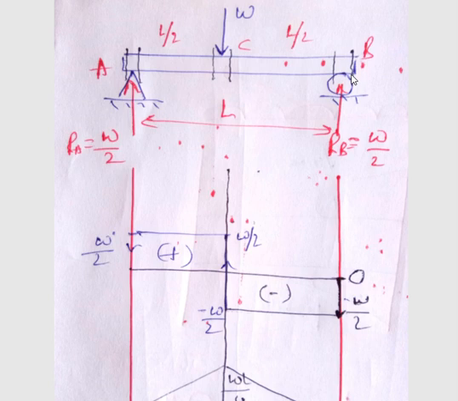Similarly for this force, just to the left I am drawing one cross section, and just to the right I am drawing one more cross section. The distance between them is actually 0 itself, but for drawing the bending moment and shear force diagram I am considering just to the left and just to the right. Similarly there is one more force here to the right, and just to the left I am drawing a section.